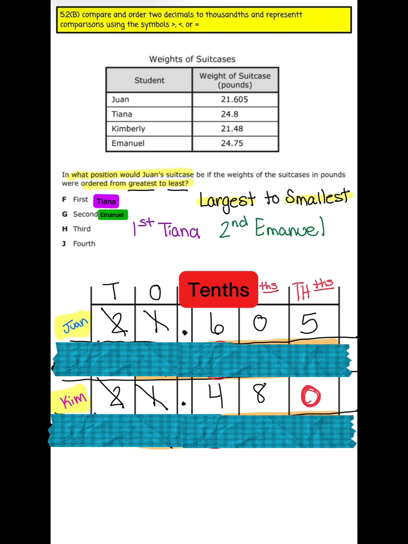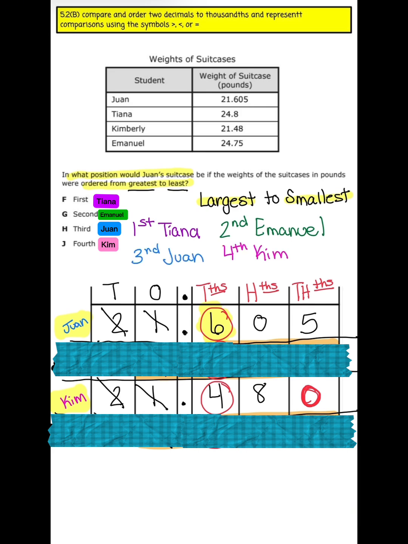In the tenths place, I see that Juan has a 6 and Kim has a 4. 6 is greater than 4. If I'm ordering the suitcases from greatest to least, this tells me that Juan's suitcase would be in third position and Kim's suitcase would be in fourth position.